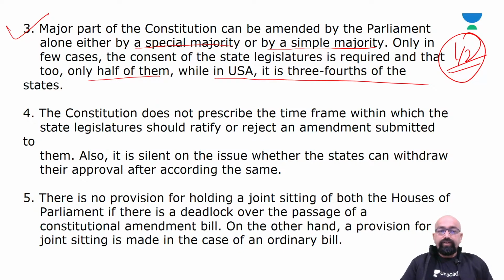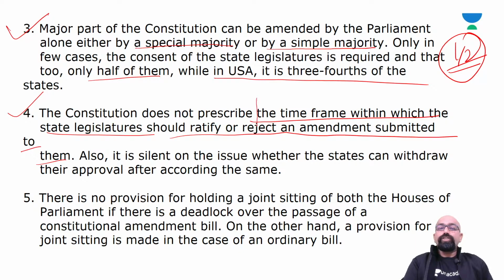Now, the next criticism is that the Constitution does not prescribe the time frame within which the state legislature should ratify or reject an amendment submitted to them. So they demanded a particular time frame, in days, months or years.